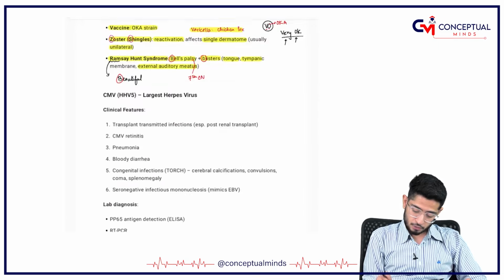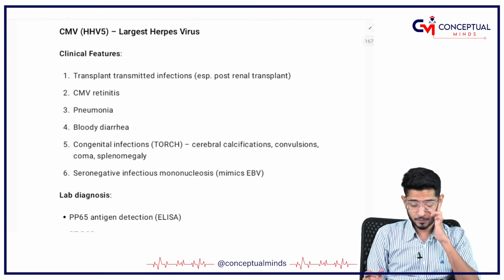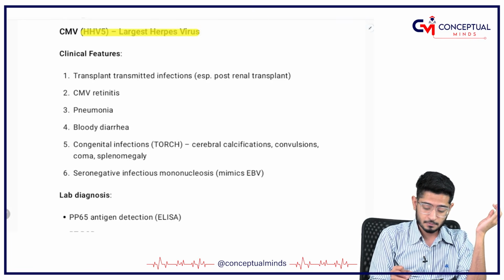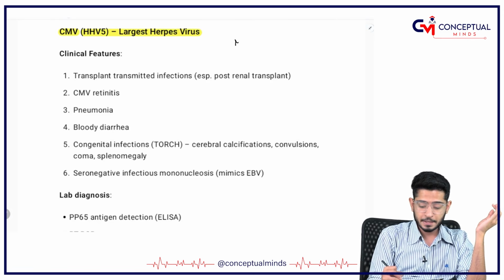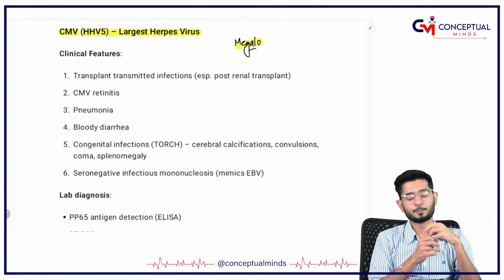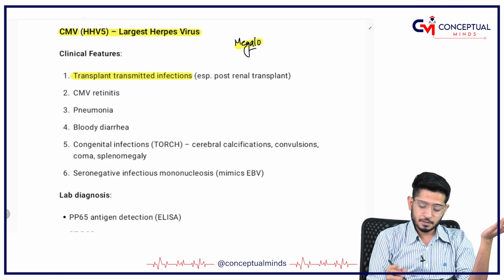Coming on to HHV-5, because we are discussing the herpesviruses together. Remember, 5 is the largest herpesvirus. The name itself tells you, cytomegalovirus, so largest is going to be megalo. This is called transplant transmitted infection.